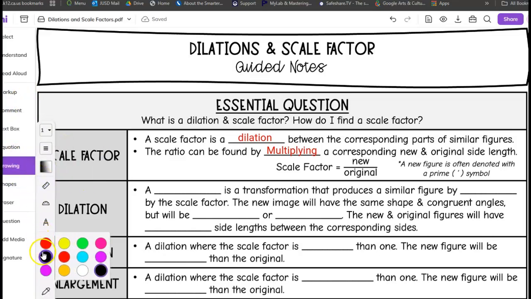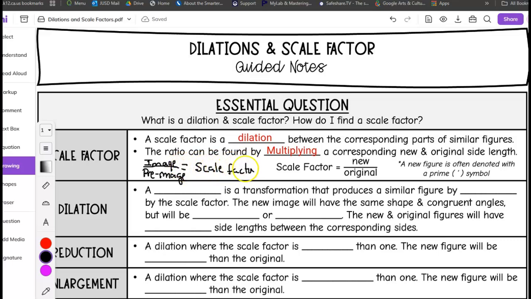We're going to put image over pre-image. So remember, our original, we know it as pre-image, and the new figure, we know it as image. And when we do that, we get our scale factor. So we always want to write image over pre-image.